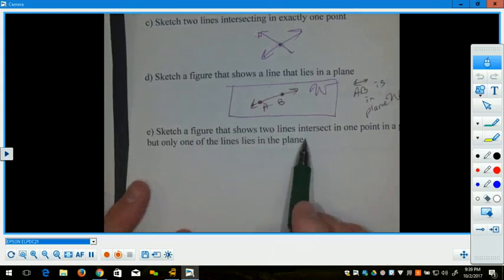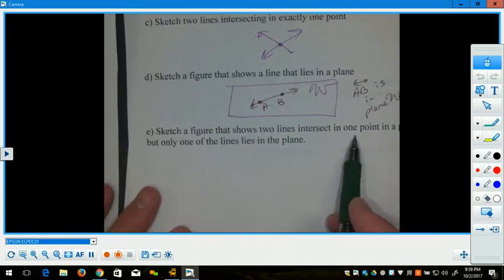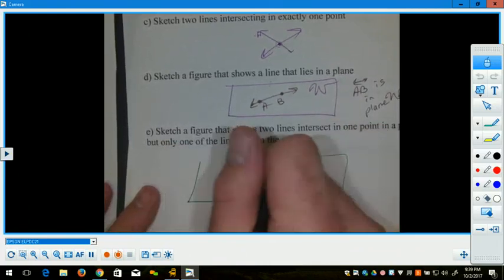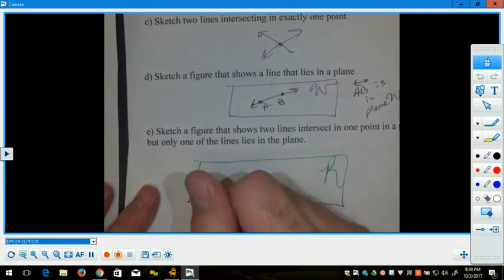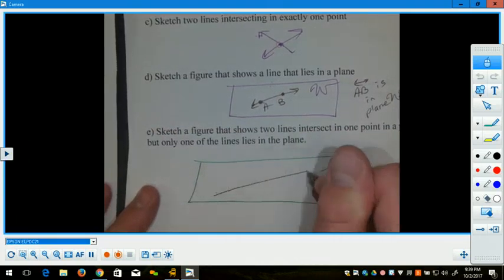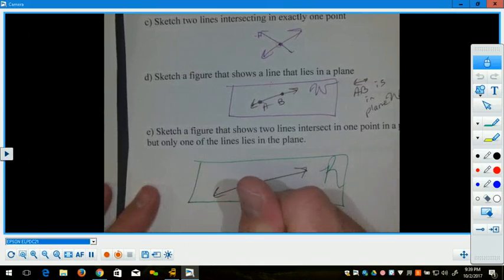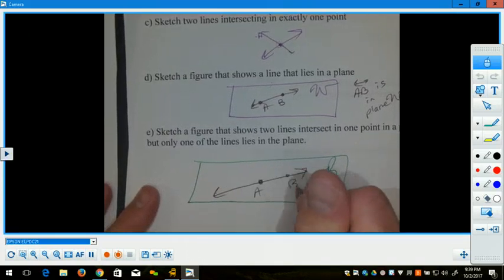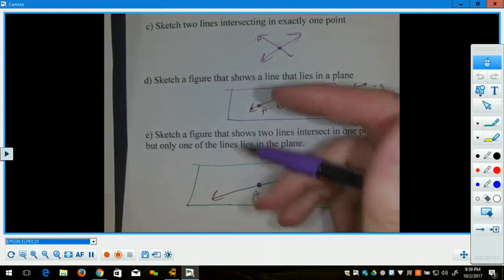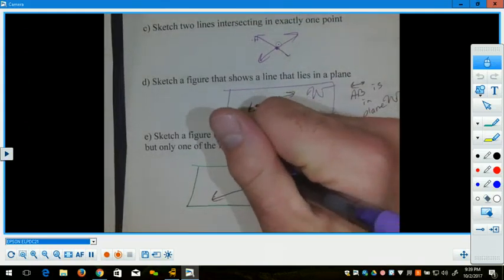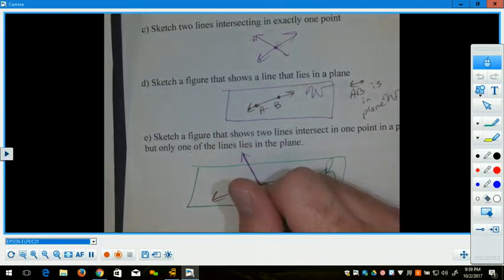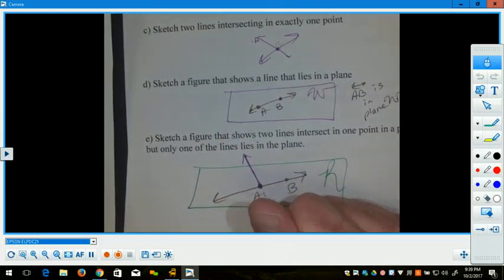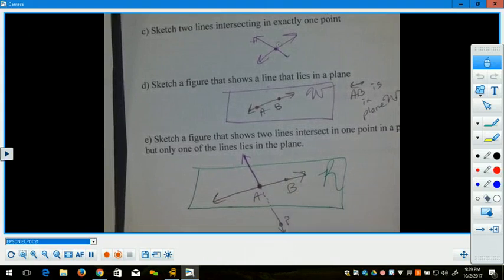Sketch a figure that shows 2 lines intersecting at 1 point in a plane, but only one of the lines lies in the plane. So I'm going to start with my plane, capital R, and I'm going to draw my first line, which there's supposed to be one of them in the plane. But one of the lines is supposed to come out of the plane. So I'm going to do a point above the plane and a point below the plane.